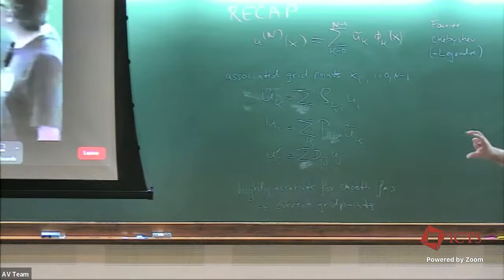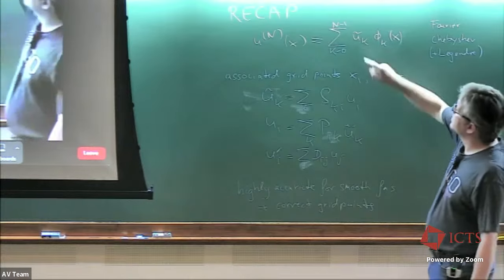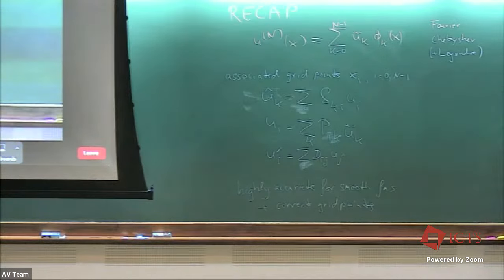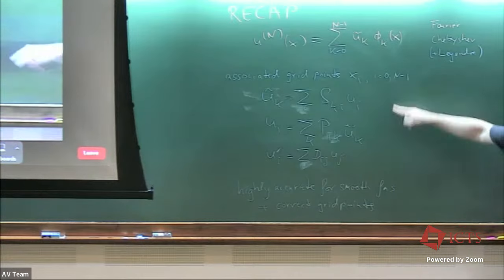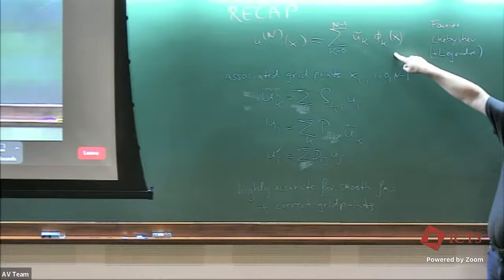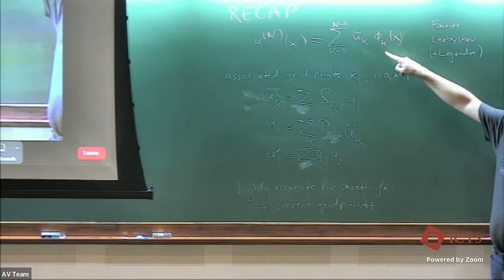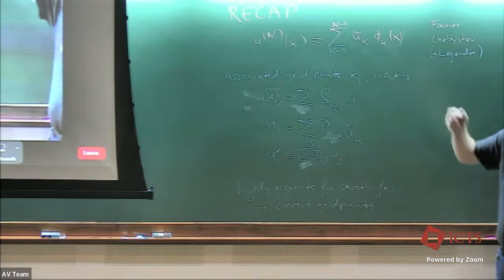And of course, a fourth thing we can also do is we can evaluate our series at any point we want. At the grid point, it's nice. You just do the matrices. Anywhere else, well, you have to go back to your defining equation and really sum up your basis functions. But because we know the basis functions, we can do this.